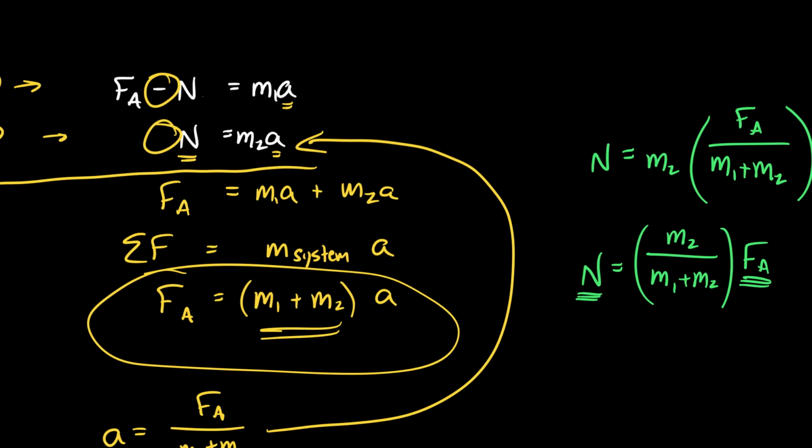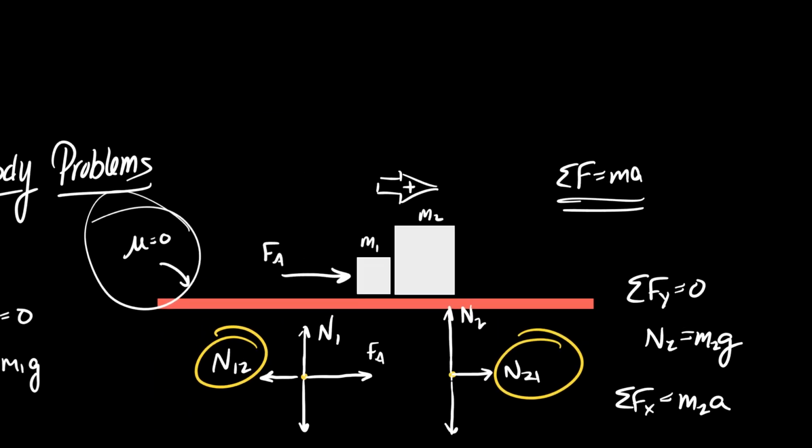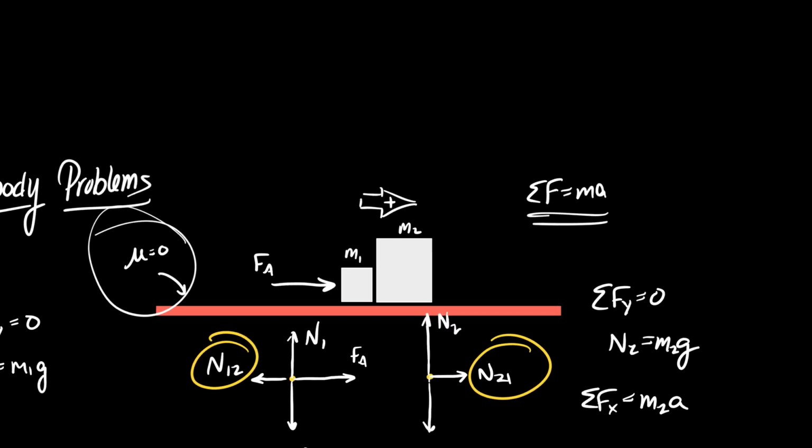And I don't want to minimize this because I don't think you guys are seeing the big picture that I want to, but what's really happening to the box m1 is that m1 is being crushed. There's FA pushing this way, and there's a normal force pushing this way. It is being crushed. If the box can't withstand it, it'll collapse.